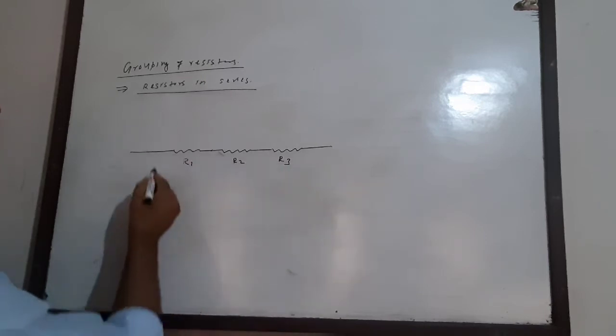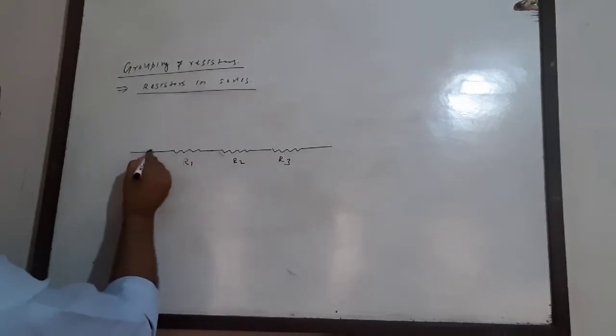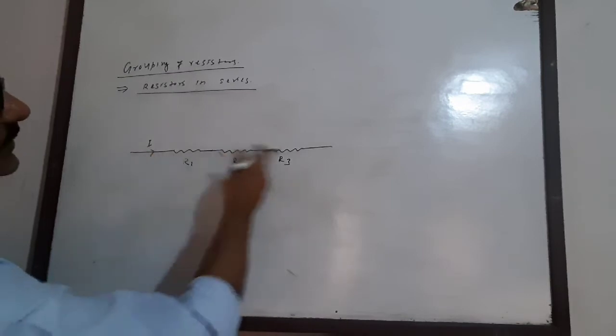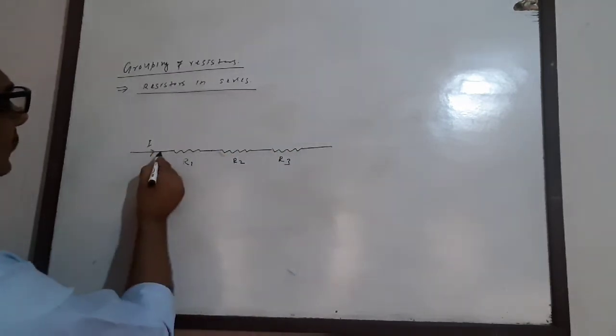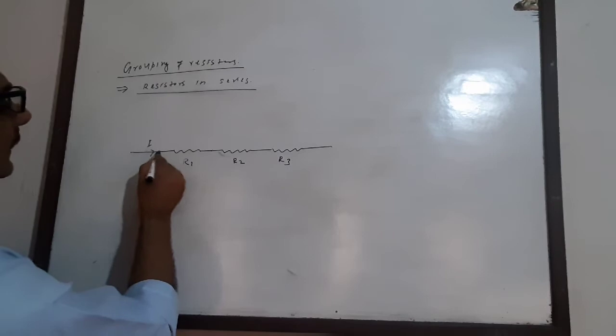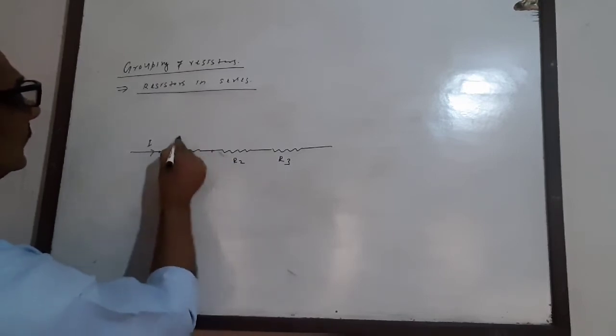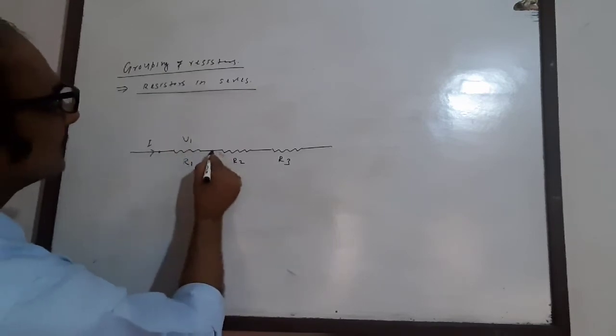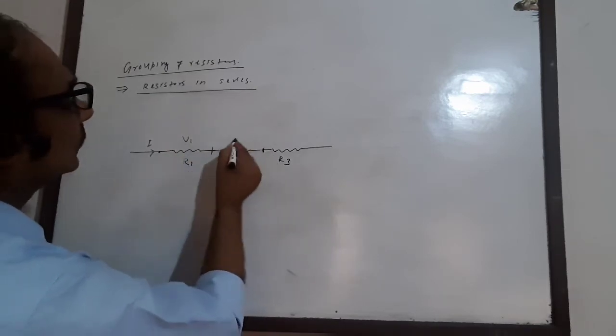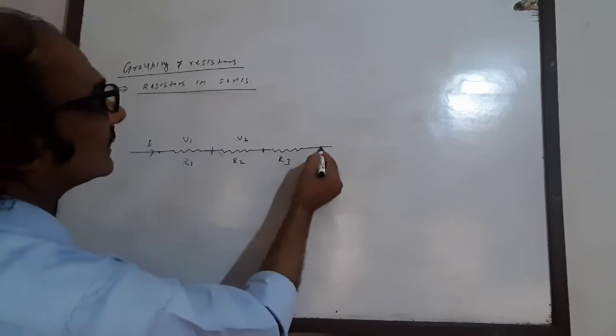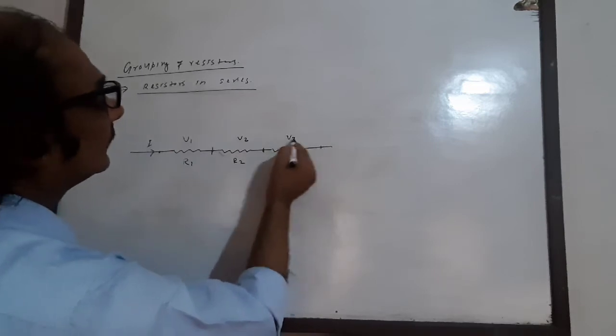So it is assumed that the amount of current I passes through all resistors, and that is why the potential difference across R1 is V1, across R2 is V2, and across R3 is V3.